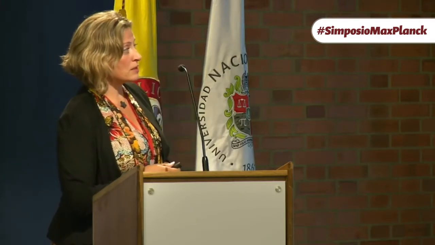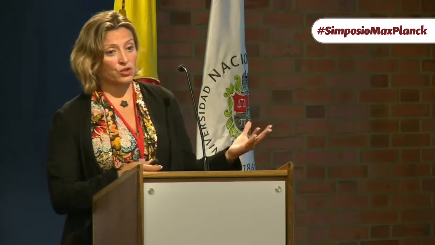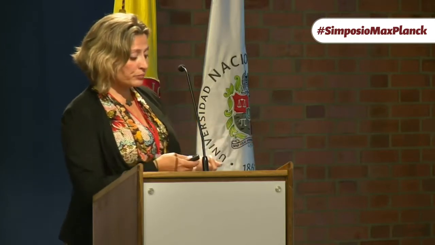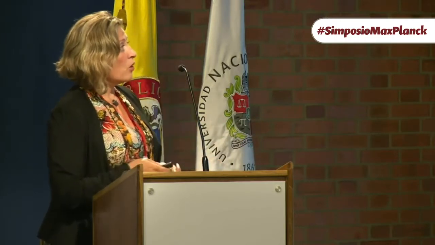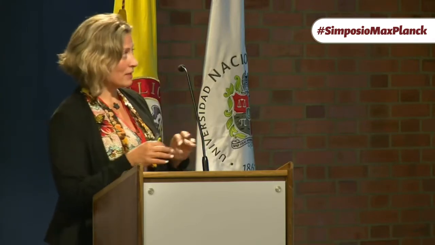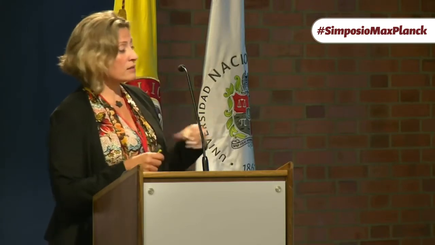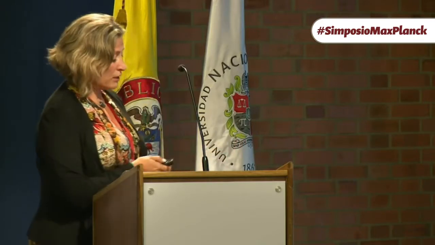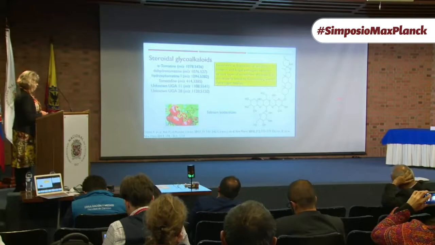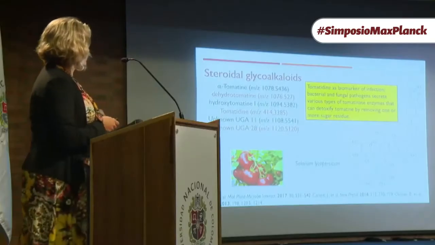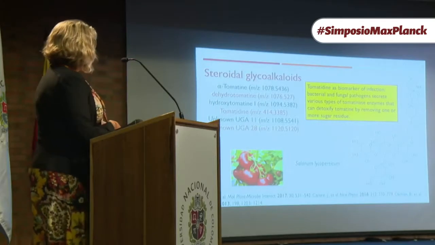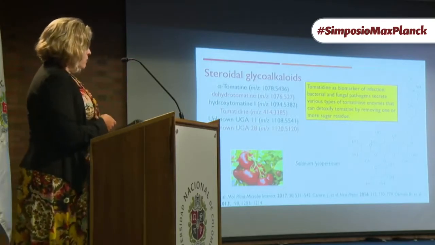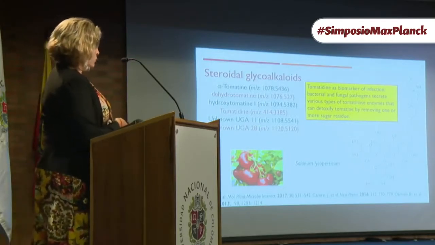Normally during the necrotrophic phase, the oomycete releases some kind of enzymes. They have the ability to break down this bond over here, releasing the tomatidine from the alpha-tomatine. So this could actually be a very interesting biomarker of the infection.